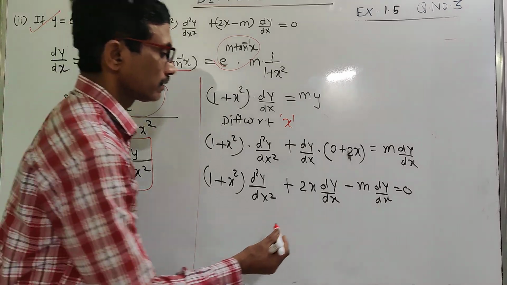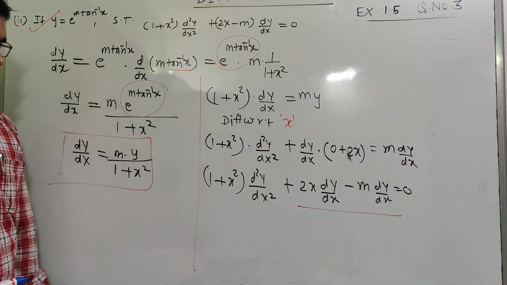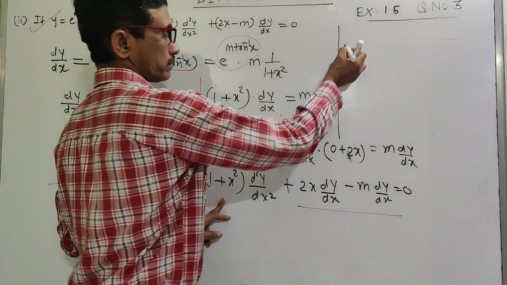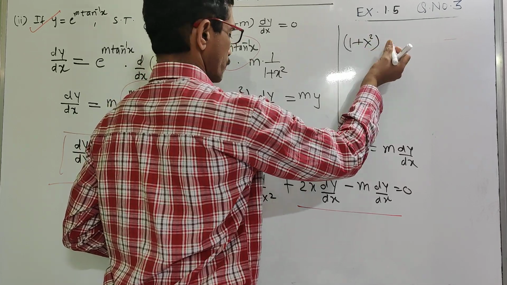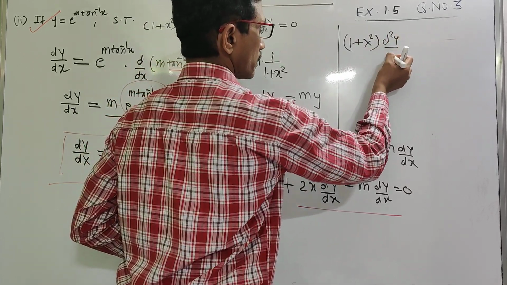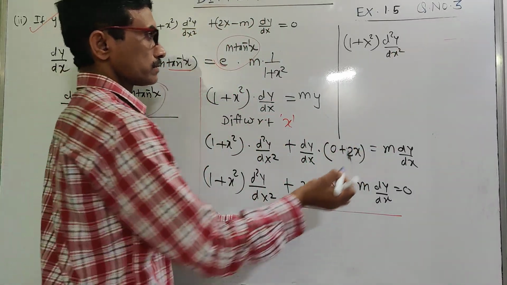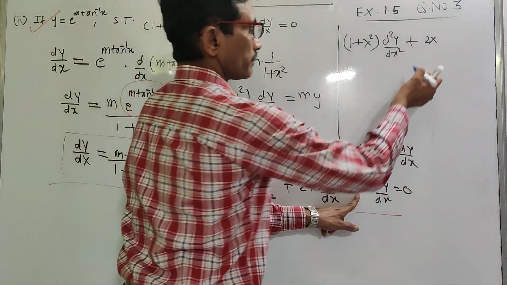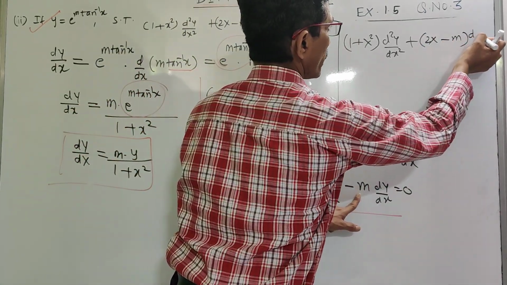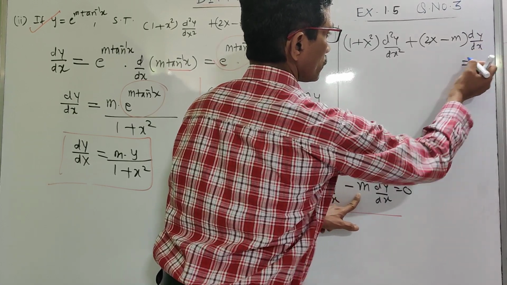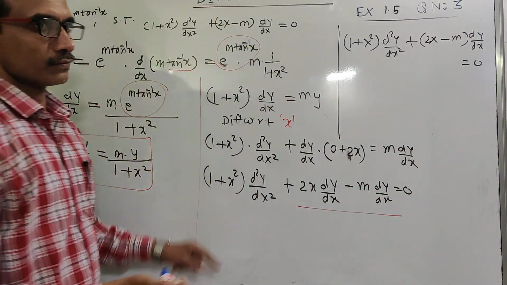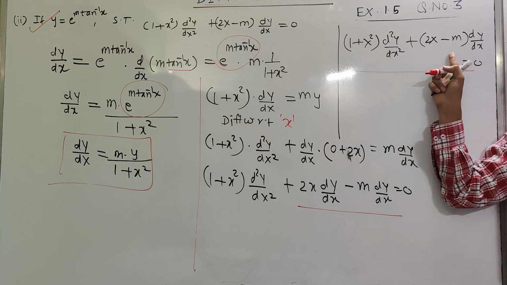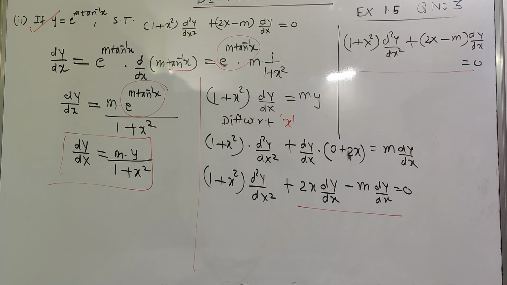Then simply you will take dy by dx common from these two terms, and we'll be getting 1 plus x square d square y by dx square plus 2x minus m into dy by dx is equal to 0. This is required to show: 1 plus x square d square y by dx square plus 2x minus m into dy by dx is equal to 0.